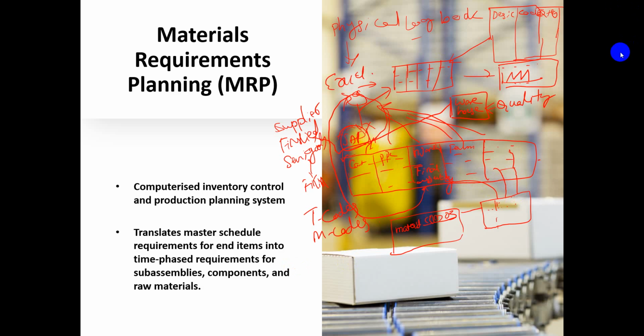So this is the advantage of SAP. Then next goes to the MPS, master schedule, which translates master schedule requirements for end items into time-phased requirements for sub-assemblies, components and raw materials. As I said, any order which comes to the factory, maybe one quantity of a motor, will first go to PPC.